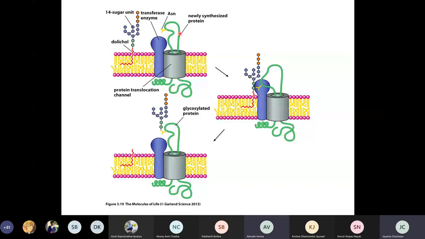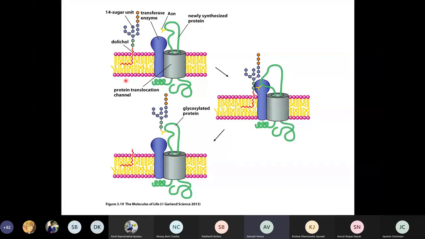Otherwise, excuse me, sir. Yes. I have one confusion. In this case, when we have that dolichol there, its core is hydrophobic. So if the part cleaves, its components will go somewhere, it won't attract and form what we want.